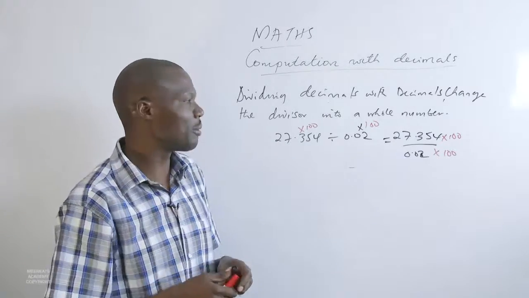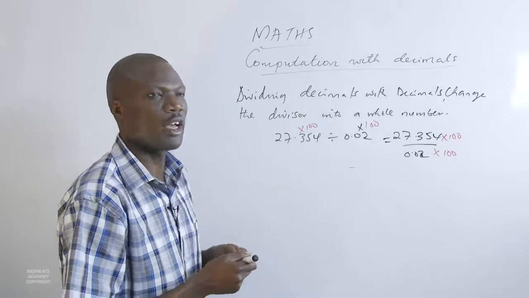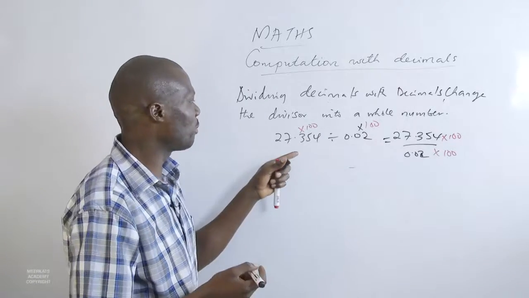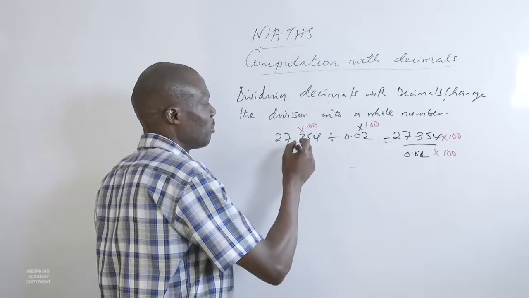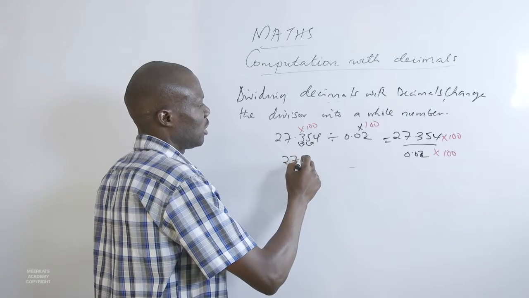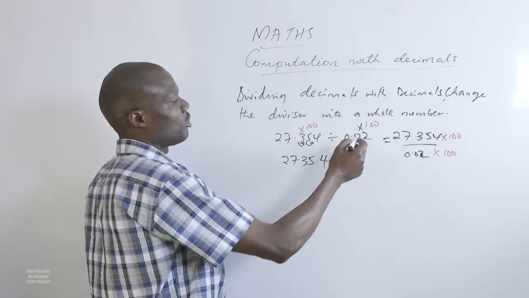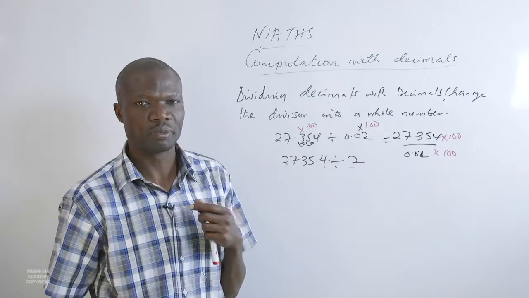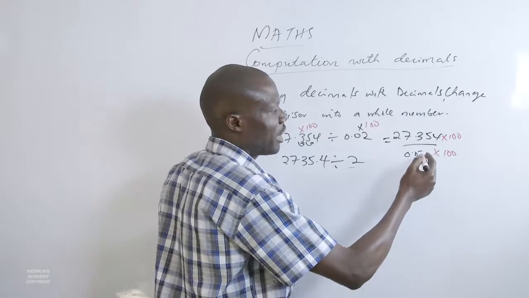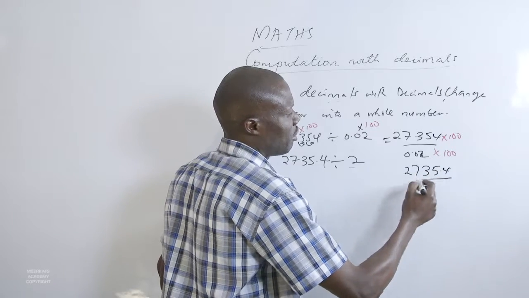The number of steps is equivalent to the number of zeros that we have. So 27.354 multiplied by 100 will move 1 step, 2 steps. So we shall have 2735.4 divided by, when it moves 2 steps, it becomes 2. So this time it is easier to simplify. If you had used the fraction, you realize that you have 2735.4 over 2.